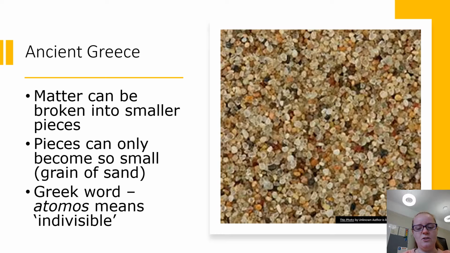And they used the word atomos, meaning indivisible, to describe this phenomenon.